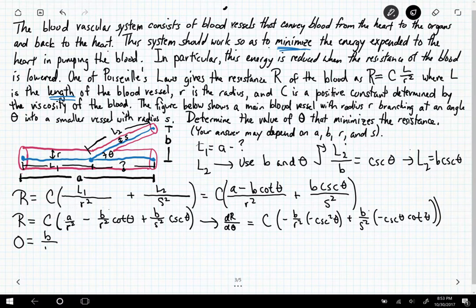So you have B over R squared cosecant squared of theta, minus, we'll distribute on through, B over S squared cosecant theta cotangent theta.